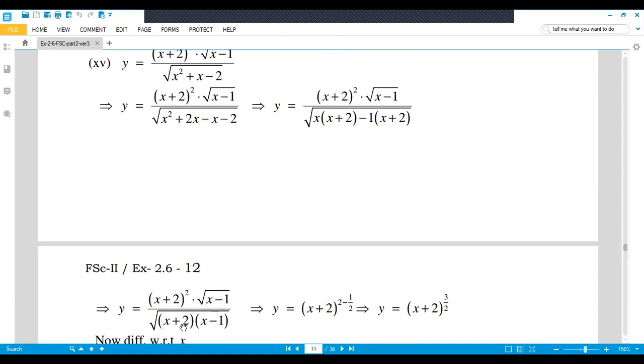So this is x plus 2. When you shift it to the numerator having power minus 1 over 2, it will be x minus 1 power 1 over 2; x minus 1 power 1 over 2 cancels, and x plus 2 power 1 over 2 shifted to the numerator, you get 3 over 2.